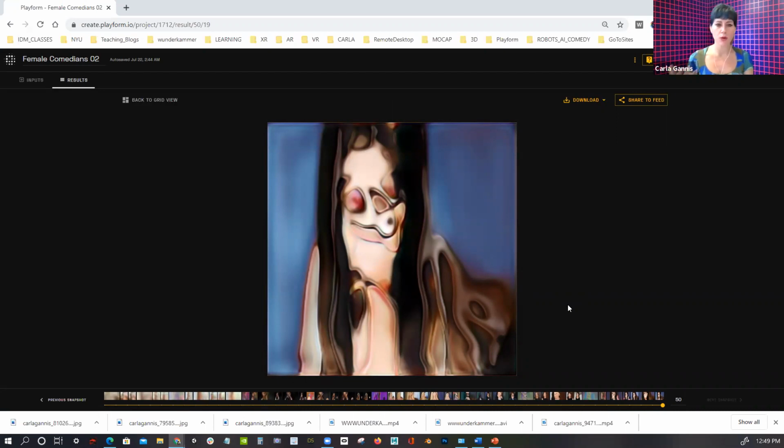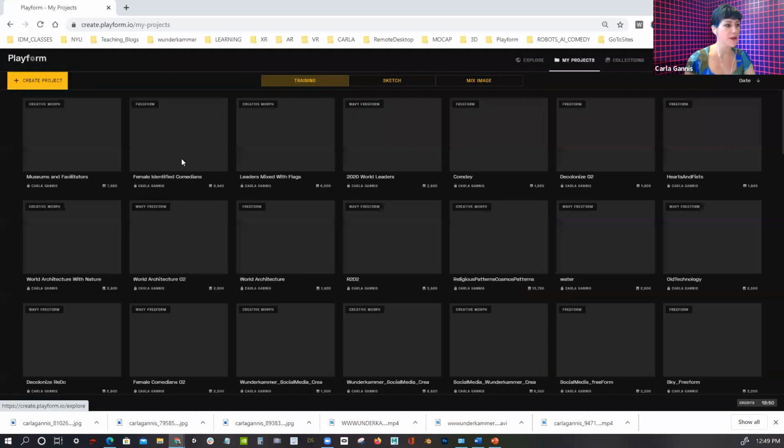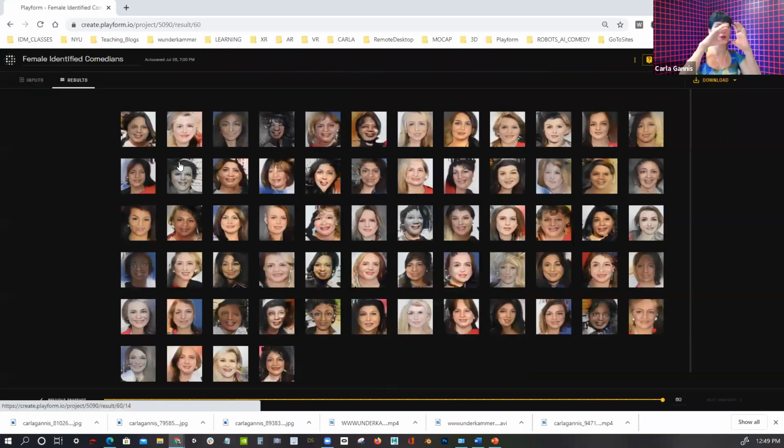So when I am working with the created images, I'm like, oh, I want something more unexpected. So I'll put in data that isn't all aligned. And then when I really want something more specific, like a portrait, I make sure the images I'm putting in will lead to generating those kinds of results.